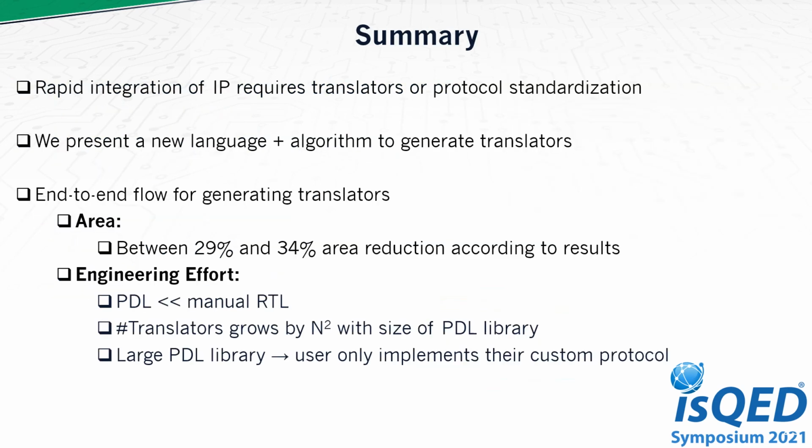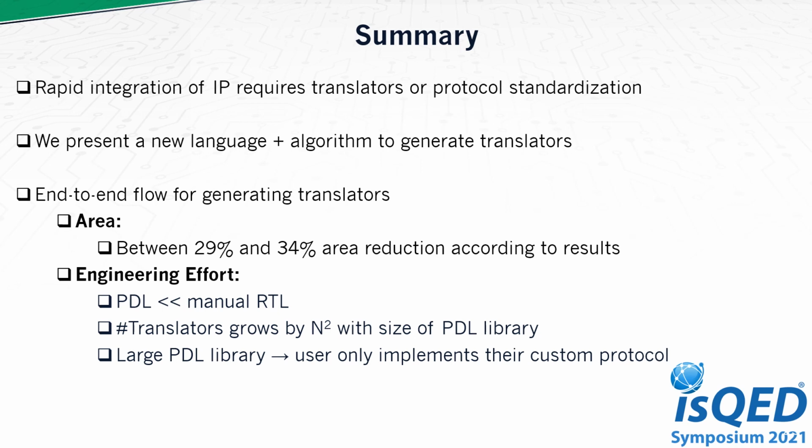So in summary, rapid integration of various IP requires either translators or protocol standardization. To solve this problem, we present a new language and algorithms to automatically generate translators. We implement these ideas in C++ code and demonstrate 2 main advantages. First, we show a 29 to 34% area reduction by trimming the specification of the PDL.